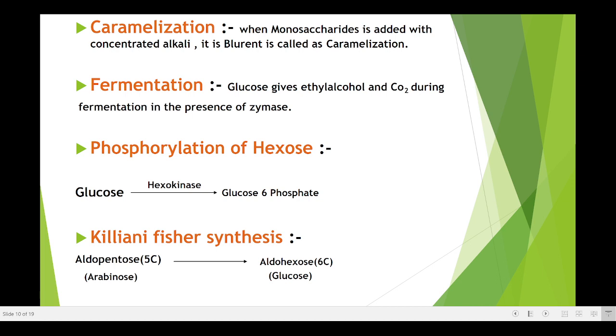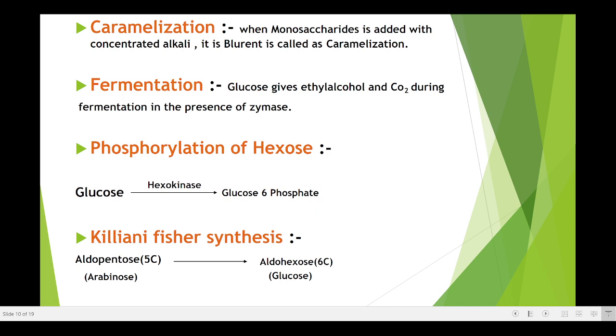17th property of monosaccharide is fermentation. Here, glucose in anaerobic condition gives ethyl alcohol and CO2 during fermentation in the presence of zymase. 18th property of monosaccharide is phosphorylation of hexose.